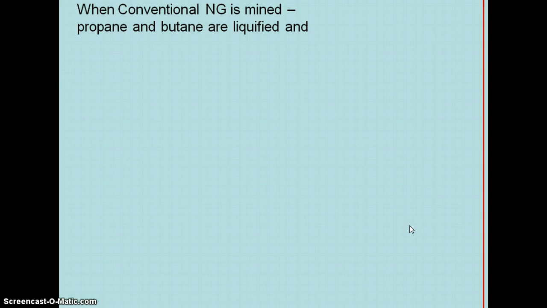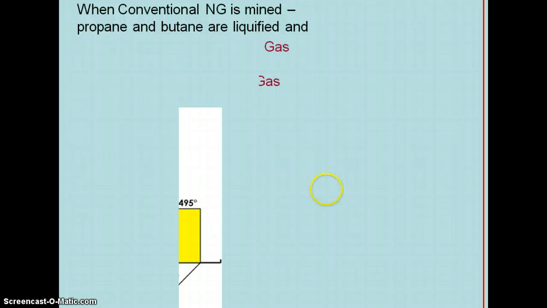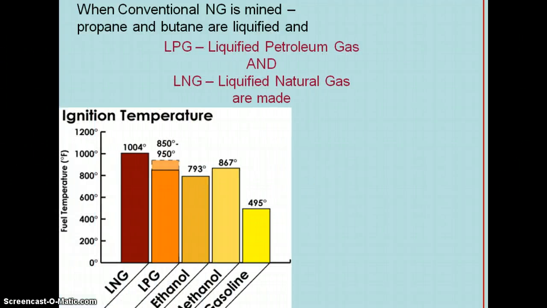So when we mine for natural gas, propane and butane are liquefied. This is the process of production. And in turn, you make liquid petroleum gas and liquid natural gas. And then they show you their fuel or heat or energy component.